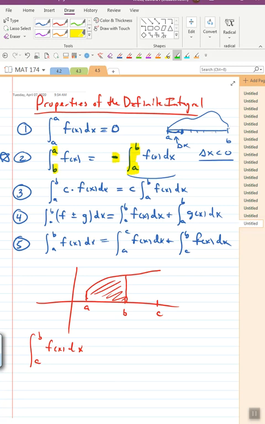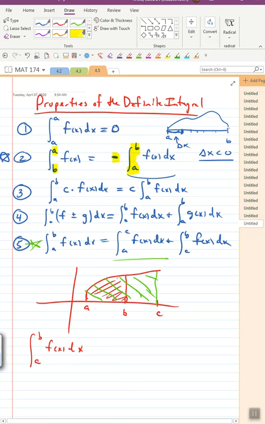Okay, so let's write out what they look like. If this is still correct, the integral from A to B is the one I just shaded in red. What's the integral from A to C? It's the whole thing, isn't it? Correct?